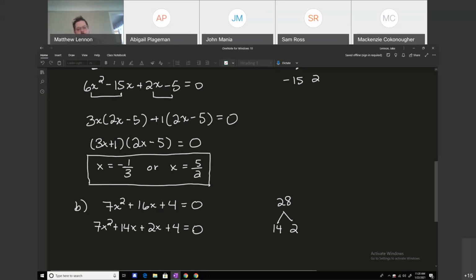And then again, separate into two groups. So 7x squared plus 14x, we can take out a 7x. And that would leave us with x plus 2. And 2x plus 4 has a common factor of 2. So you can take out a 2 and get x plus 2.